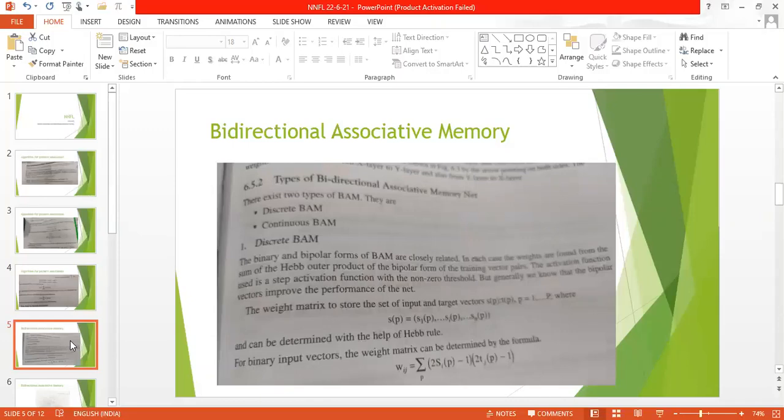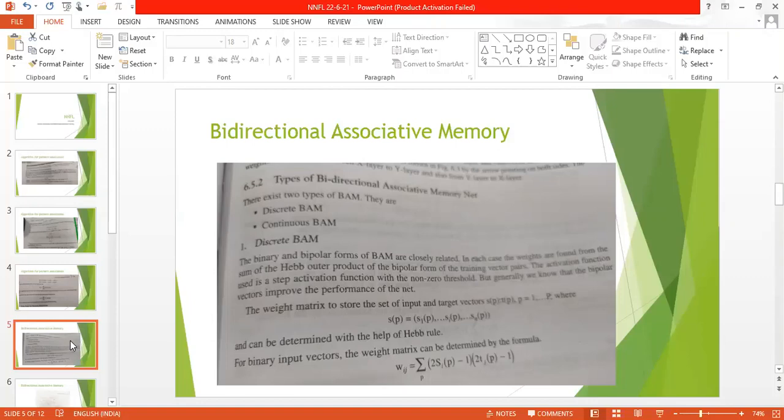The network iterates, means iterations are taking place by sending signal back and forth between the 2 layers until each neuron's activation remains constant for several steps.